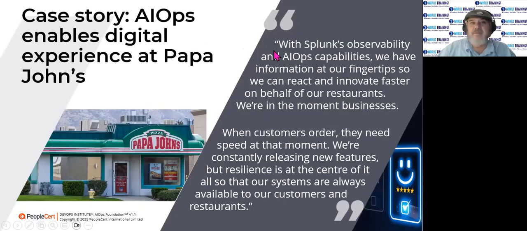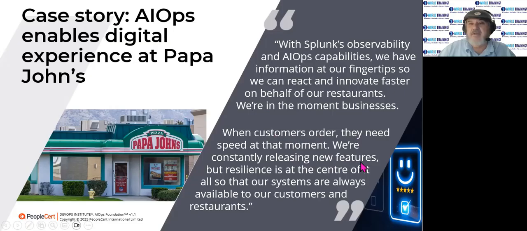Here's a case story for this module. We're getting to Papa John's, pizza business. With Splunk's observability and AIOps capabilities, we have information at our fingertips, so we can react and innovate faster on behalf of our restaurants. We're in the moment business. When customers order, they need speed at the moment.